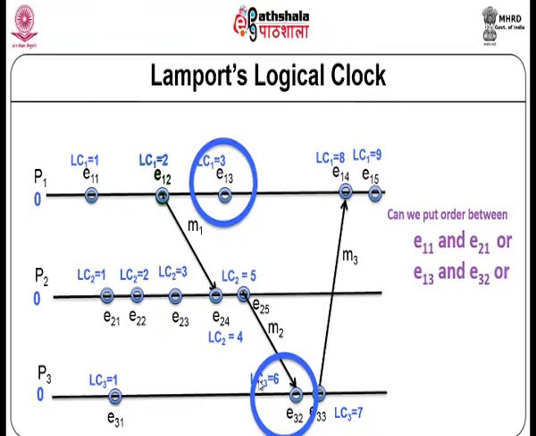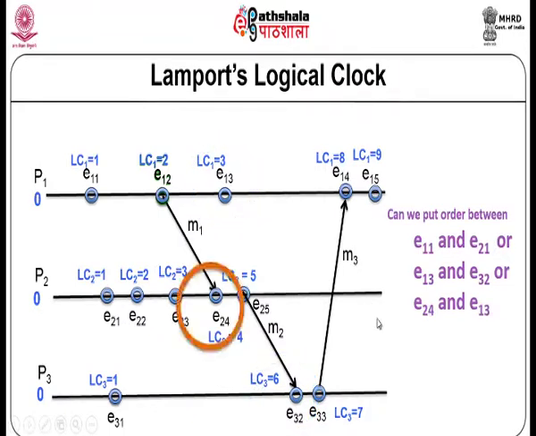If an event has happened before another event, the one occurring before should have a lesser value, but looking at the clock values, that this value is less than this, the happen before relationship cannot be determined in a logical clock. This is another example where we can see the same thing.